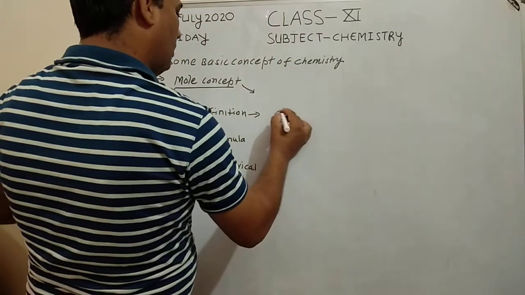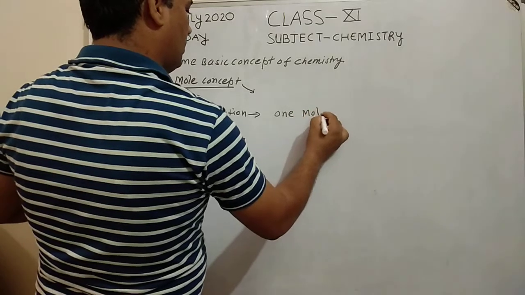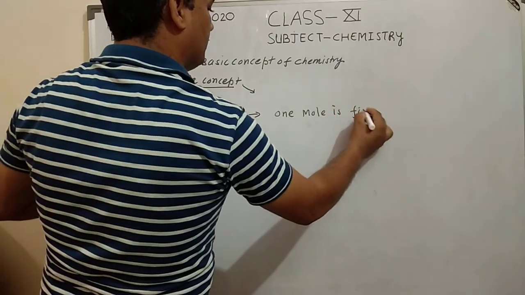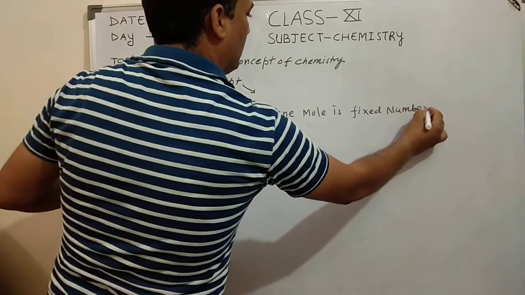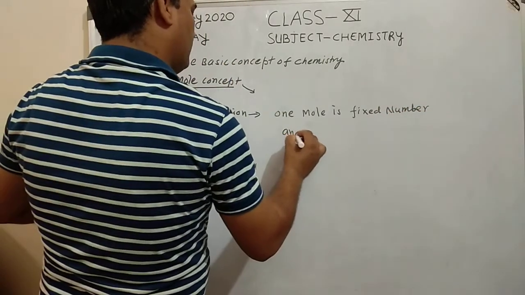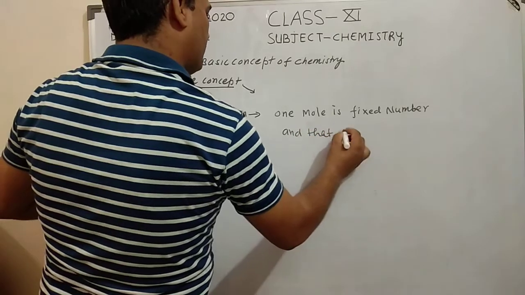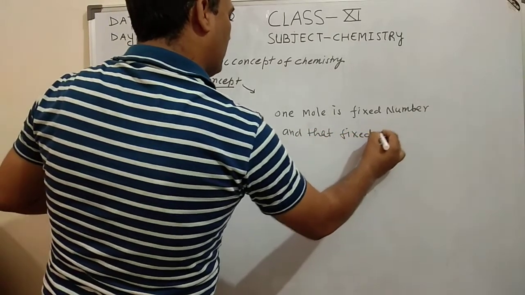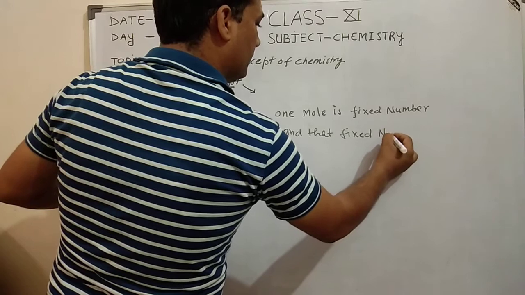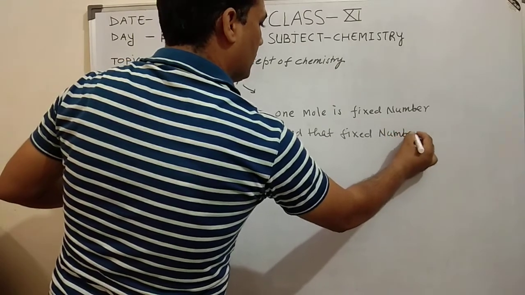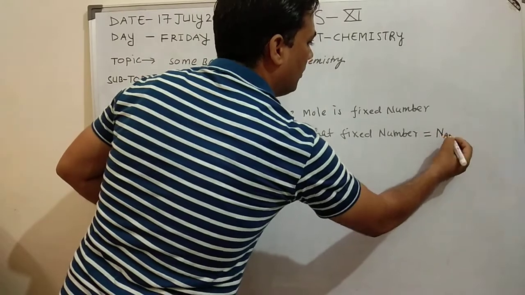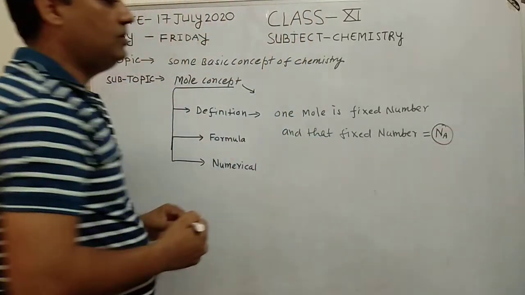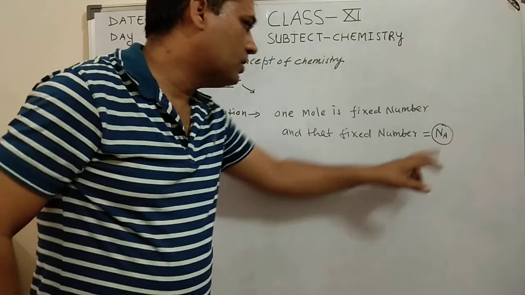So 1 mole is a fixed number, and that fixed number is also known as Avogadro number. A means Avogadro, N means number.